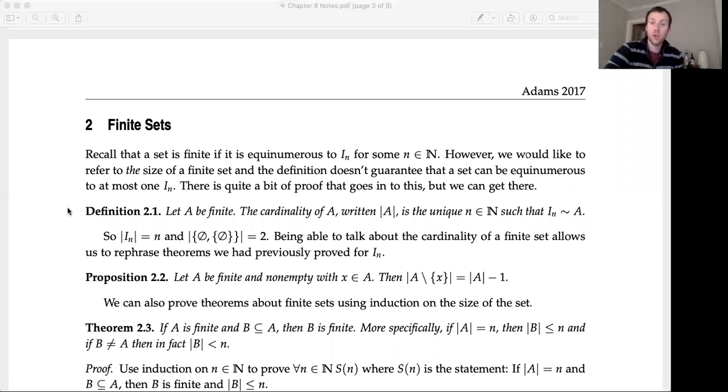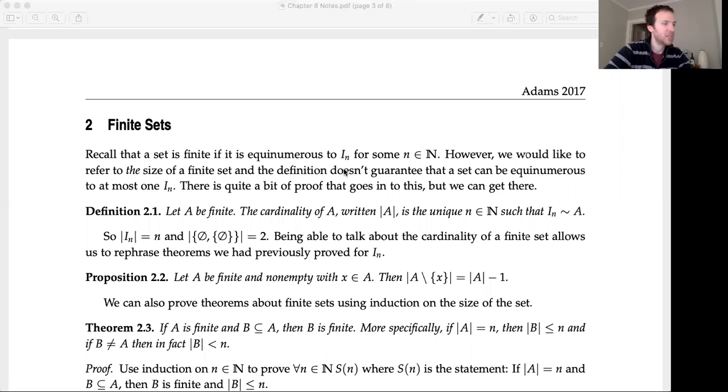What takes a little bit of work at first is that being finite means you're equinumerous to some I_n, but what isn't included in that is you're equinumerous to at most one of them, because we'd like to talk about the size of a finite set, but from the definition, it's not clear that you have a unique size.